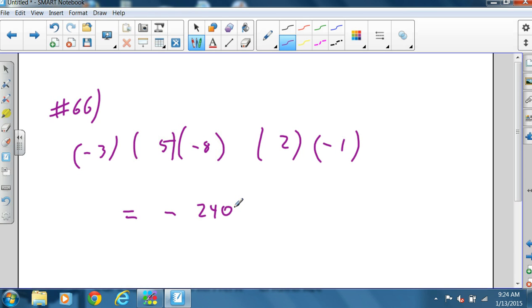If I use the subtract key, subtract 3 times 5 times subtract 8 times 2 times subtract 1, I'm going to get a syntax error, because that's not what I want it to do.